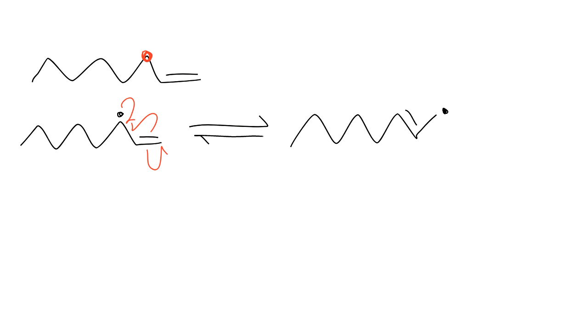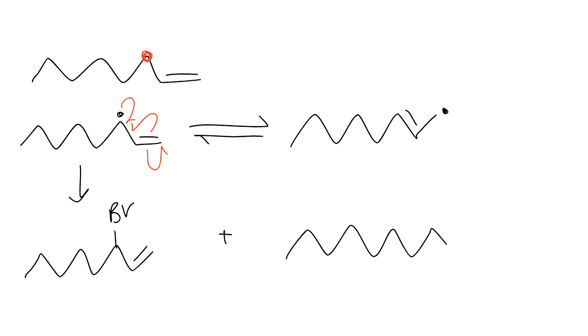Then we can look at what our actual products could be. Here, again, the bromine is going to go in that allylic spot. So our bromine would go here, or we will also make this compound.